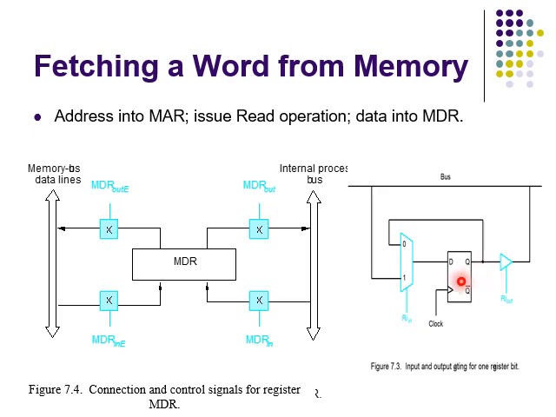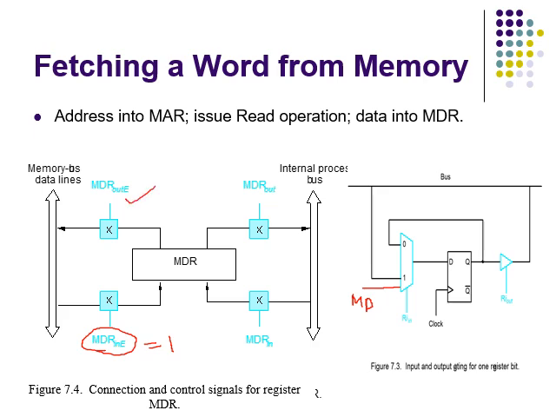A 3-input multiplexer, instead of a 2-input one, can be used, with the memory bus data line connected to the third input. This input is selected when MDR in E is equal to 1.